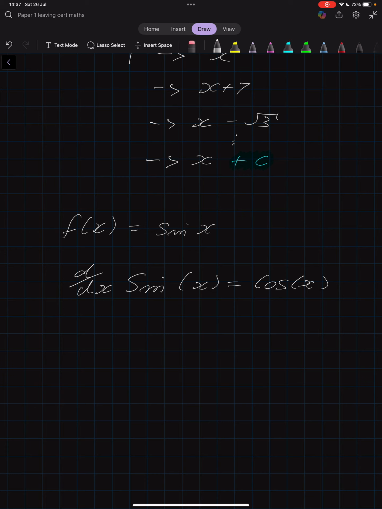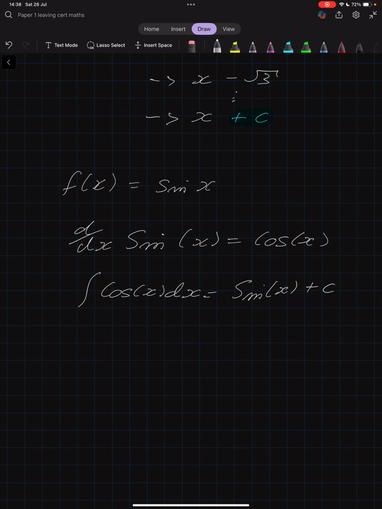Now if I ask you what the integral of cos x dx is, the answer is sine x plus c. Just remember, if they ask you to integrate a function, think: what do I have to differentiate to get this?